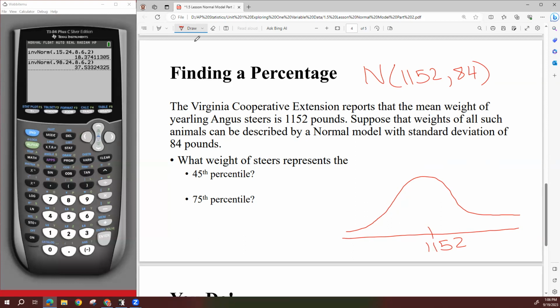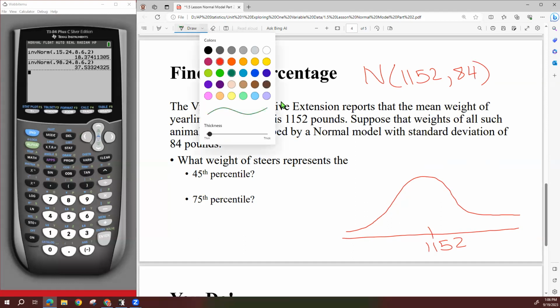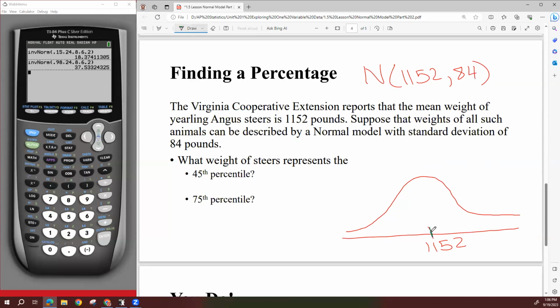Here we want to know what represents the 45th percentile. So the middle is the 50th percentile. So 45th is somewhere to the left here. We're looking for this area, or we have this area. We are looking for the weight of a steer that has 45% of the rest of the steer weight below it.